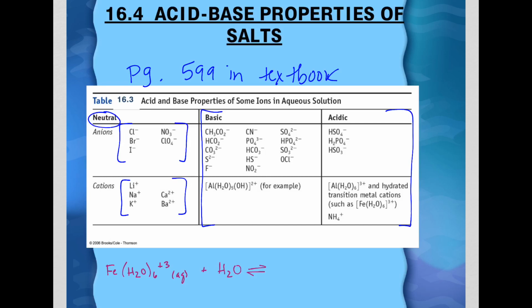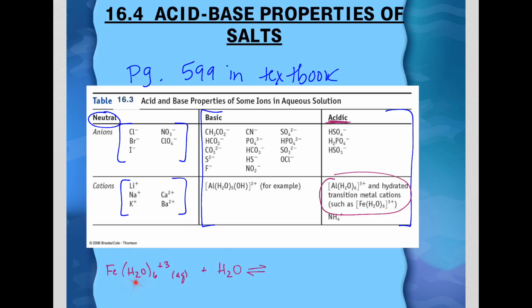But if we find that up here in our list, you'll see that it says right here, hydrated metal cations, so in other words, a metal mixed with water to create an ion, will actually result in an acidic solution. So we know that that means that acids donate a hydrogen. So somehow this needs to donate a hydrogen to the water molecule.